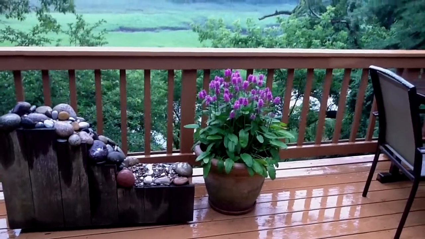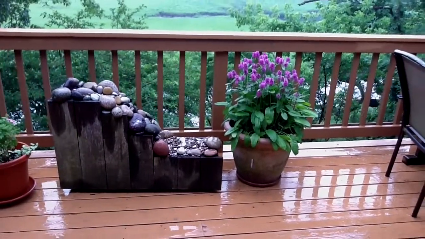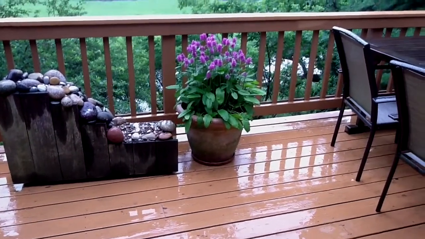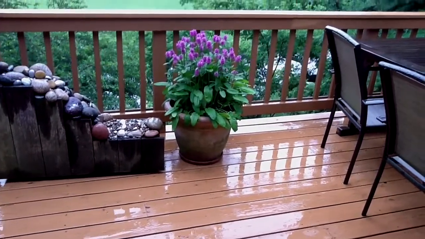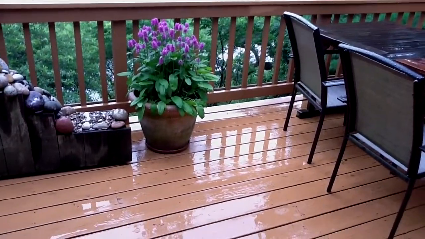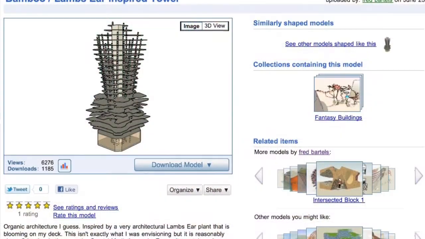That was many years ago, but every spring this plant does this. It's an interesting intersection of my analog and digital worlds.